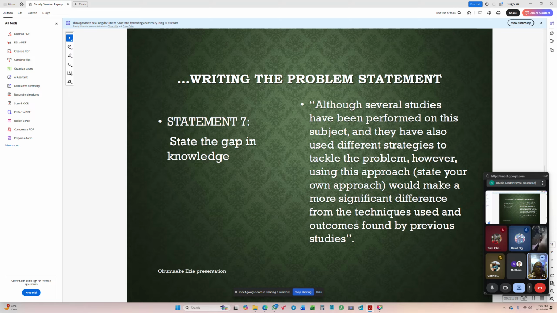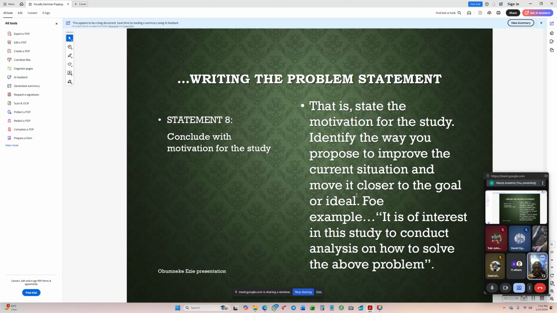So that it will not look like an empirical gap that you still capture after empirical review, but just to identify a small caveat to something different that you are trying to do that other people have not actually done. Then, of course, you conclude your statement of problem by saying, okay, the motivation for the study in this case is to propose means of trying to improve the manufacturing sector performance.